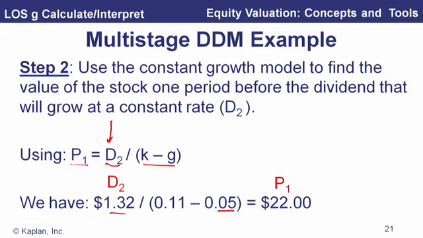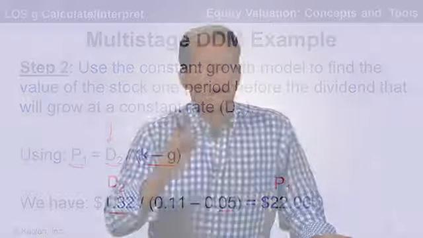And so when we apply that formula, we get a value 1 period before D2. Just like with the constant growth model, the Gordon growth model, we plugged in D1 over K minus G to get the value of the stock. So we're getting a time 0 value plugging in D1.